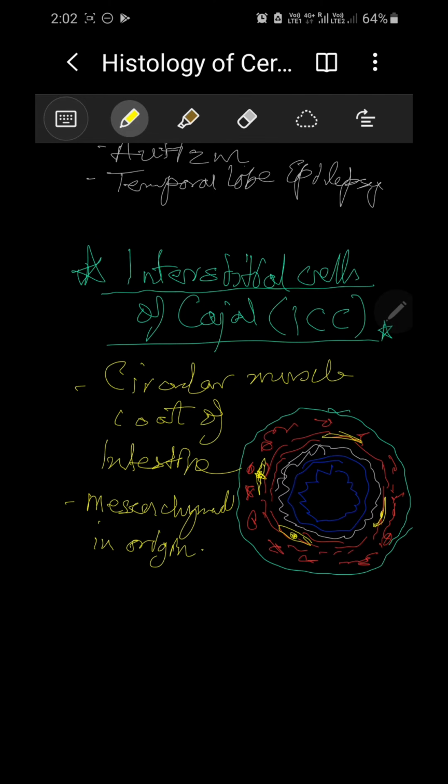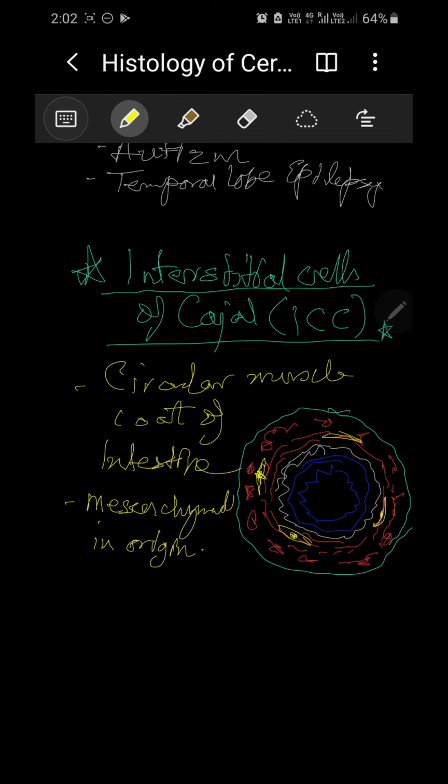Now, the role of these cells is that they help in communication, since the nerve supply is by the autonomic nervous system. So it communicates the autonomic nervous system with the smooth muscle cells of this intestine. So it's a sort of communication between the ANS and the smooth muscles.